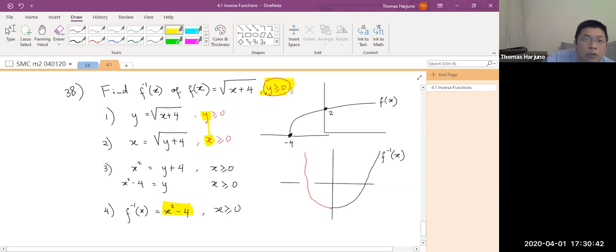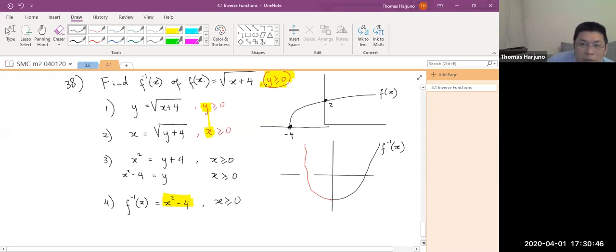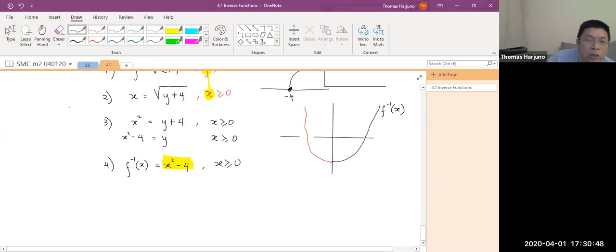Now, let's do another problem similar to this, very close to this. For example, if I ask you, find the inverse function of, let's see, number 34.